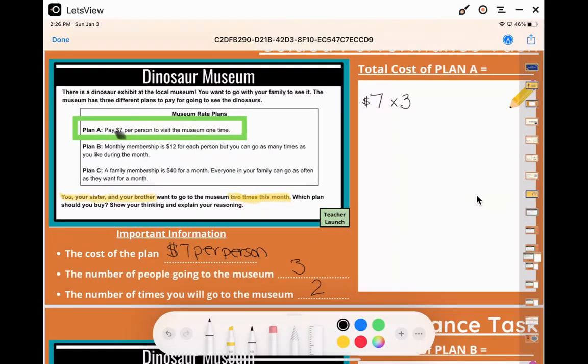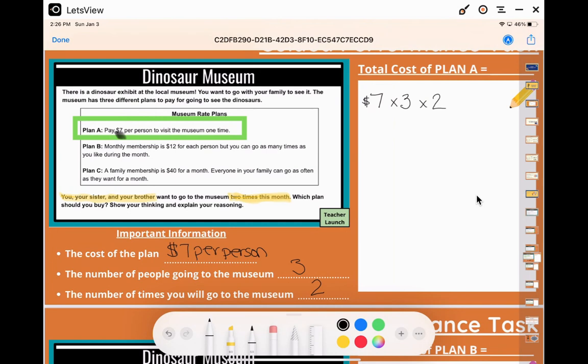And they pay that every time they go to the museum, and we want to go 2 times. So the equation that you see here, 7 times 3 times 2, is the equation that we're going to use in order to solve this problem. And so now let's use one of the strategies that we learned in order to solve this problem.